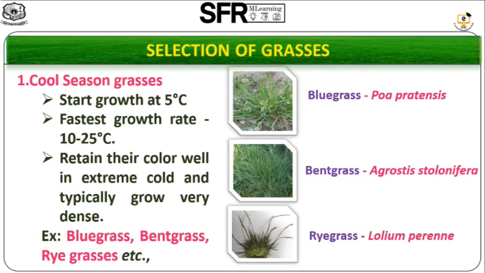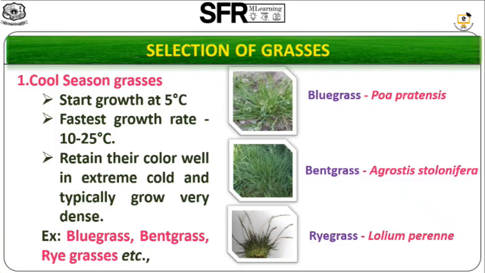What type of grasses do we have to use for lawn making? There are two different kinds: cool season grasses and warm season grasses. Cool season grasses start their growth at 5 degrees Celsius, and their growth is maximum and fastest when the temperature ranges from 10 to 25 degrees Celsius.